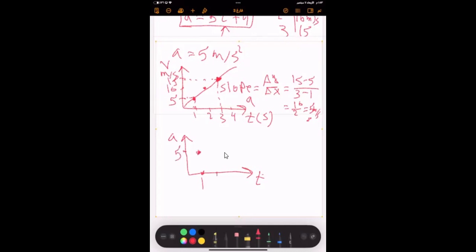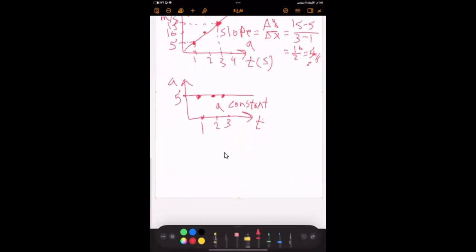For t equals 2, a also will be 5. For t equals 3, a also will be 5. So we will have a straight line parallel to the x-axis, since a here is constant and has one value for all the motion of the object.